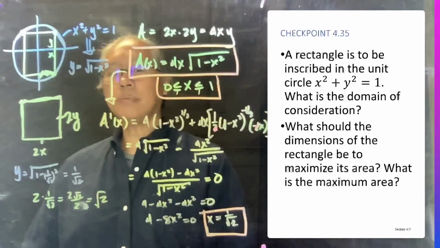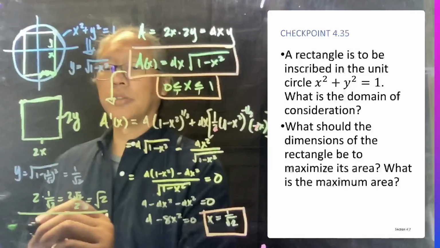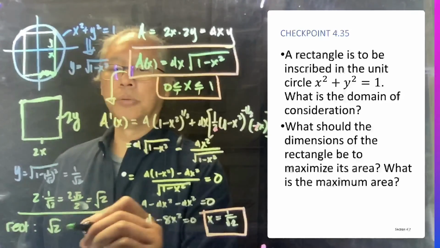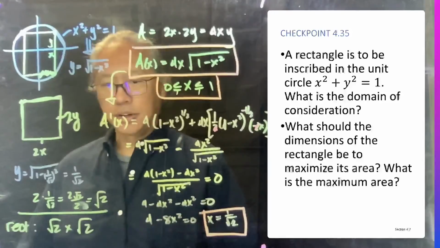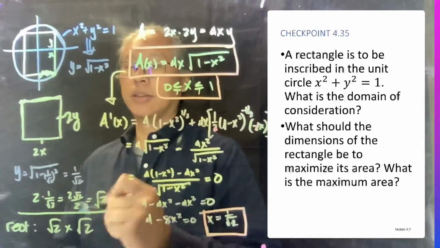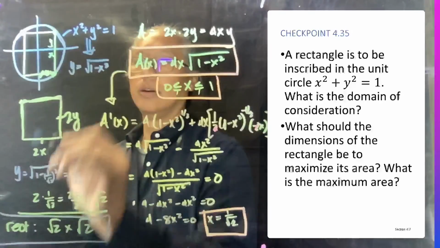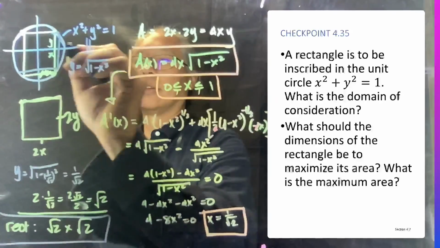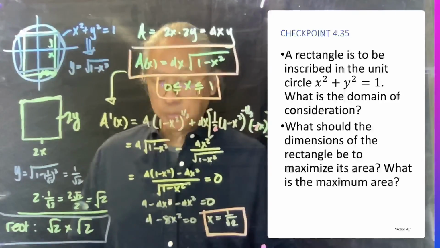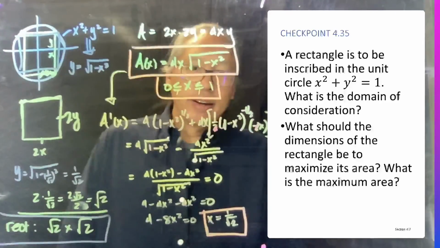There we go. So the dimensions of your rectangle should be root 2 by root 2, which is a square that would fit in the unit circle. Okay, I hope that helps.